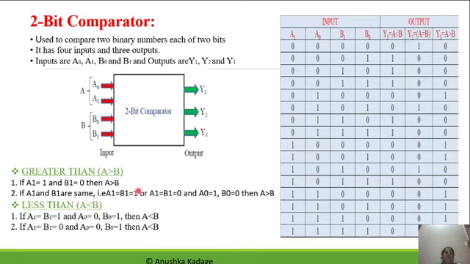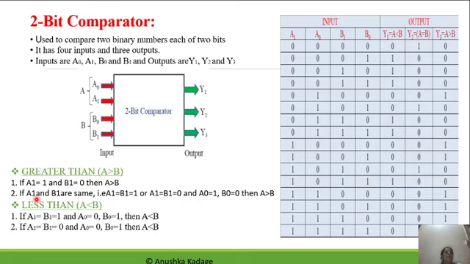But for the greater than conditions to be obtained, we have to check the two combinations. The greater than output for A greater than B will be set if A1 value is 1 and B1 value is 0. This is the first condition when the greater than output will be true.